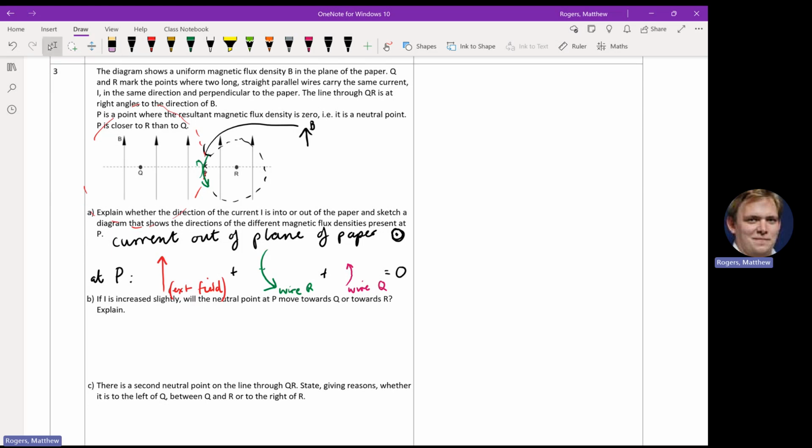If I is increased slightly, will the neutral point move towards R or towards Q and explain?